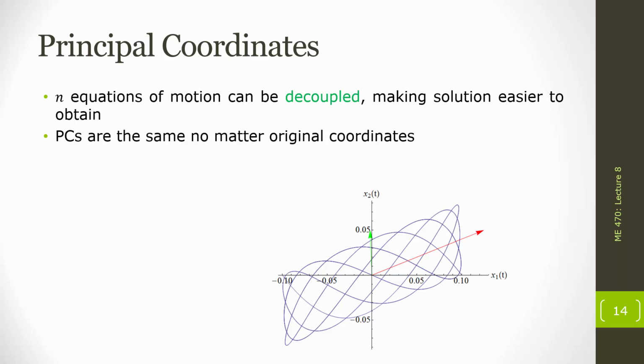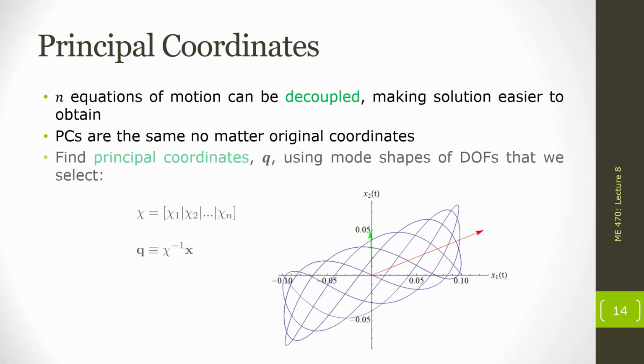We're going to be able to go from whatever that original coordinate system was to our principal coordinate system the same way. So notation-wise, we are going to say that our principal coordinates are this Q coordinate system where we'll have Q1, Q2, Q3, which are all going to be these independent degrees of freedom.